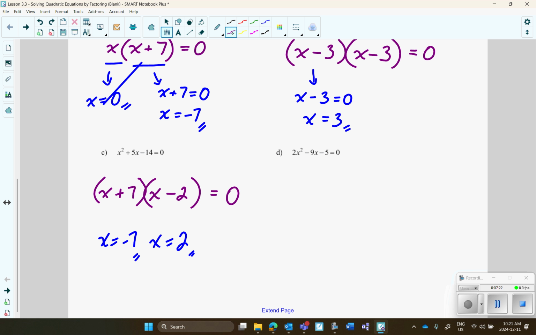All right, this one. What kind of factoring? Right. Do we know the first terms? Block.